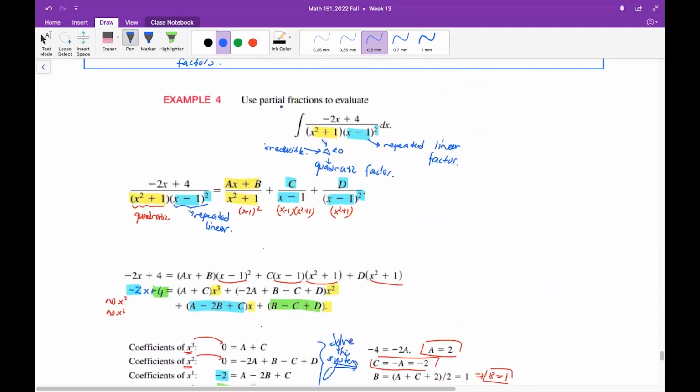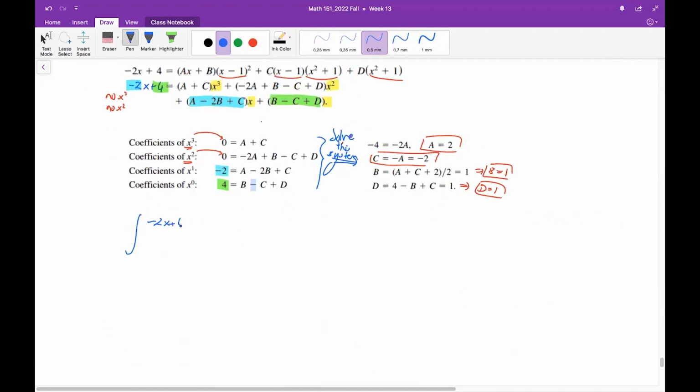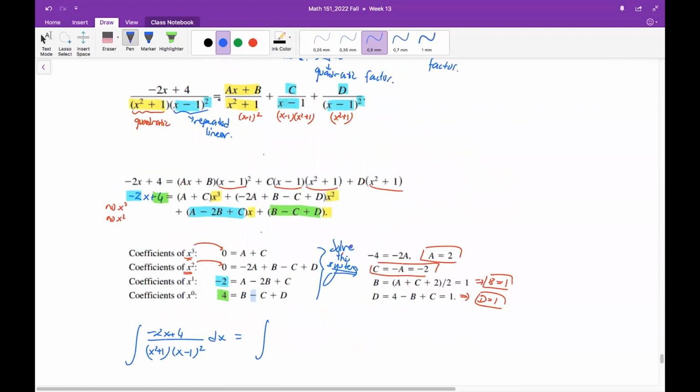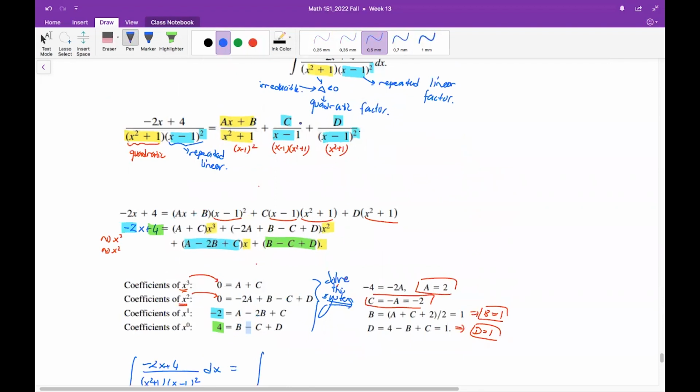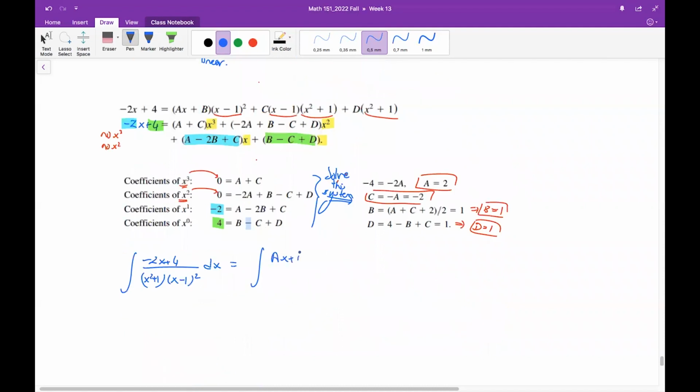We were trying to handle this integration, which is -2x plus 4 divided by this quadratic factor and a repeated linear factor, which is this one. Okay, so what do we obtain? Now I am trying to eliminate the integral from the right-hand side, using the partial fraction decomposition of it.